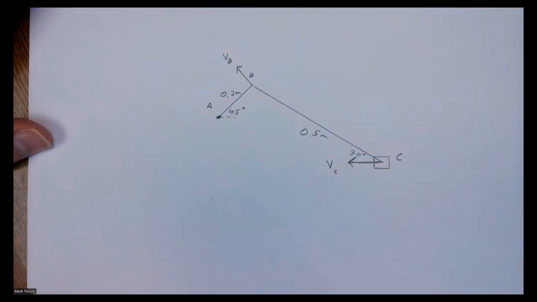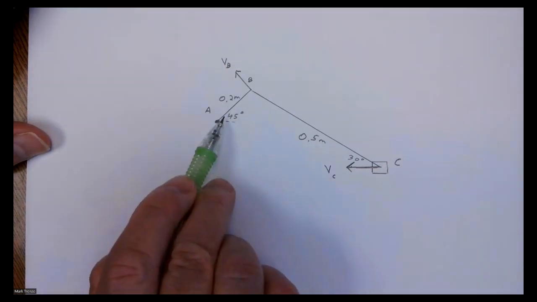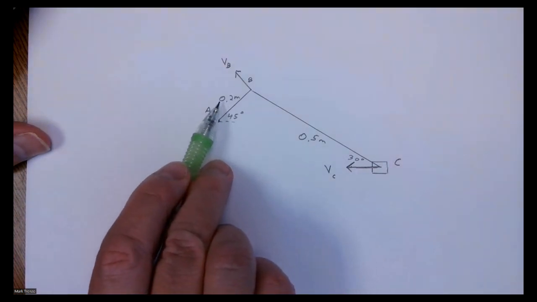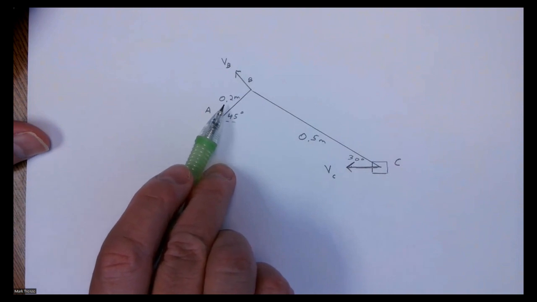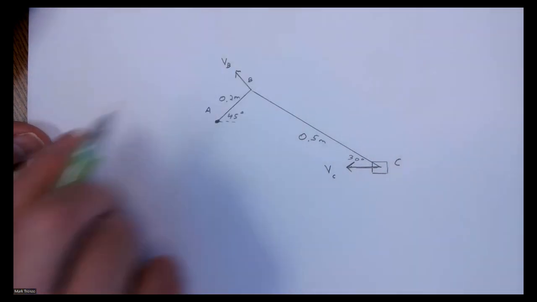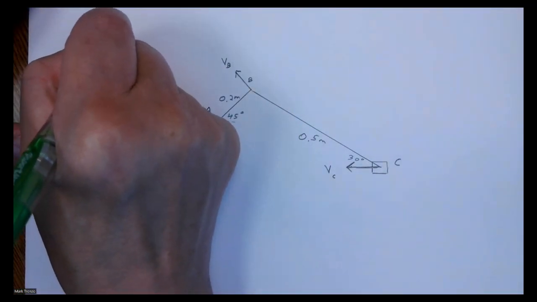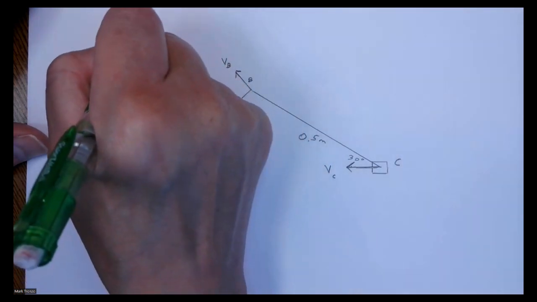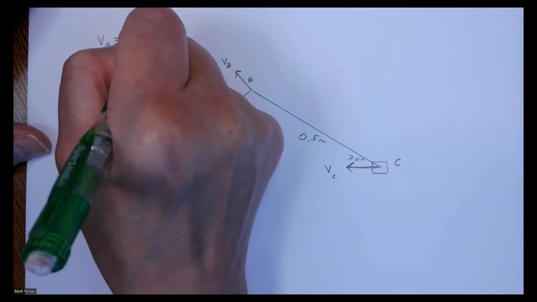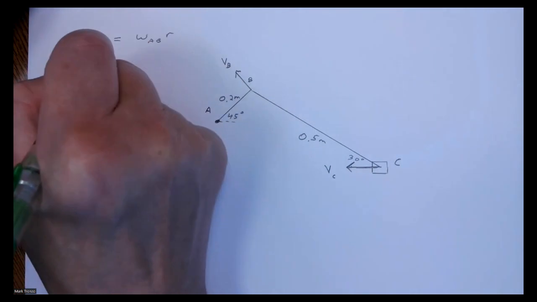Now we can calculate the velocity of B because we know that this is turning at 6 radians per second. So we can find VB. Again, that's omega AB times r.